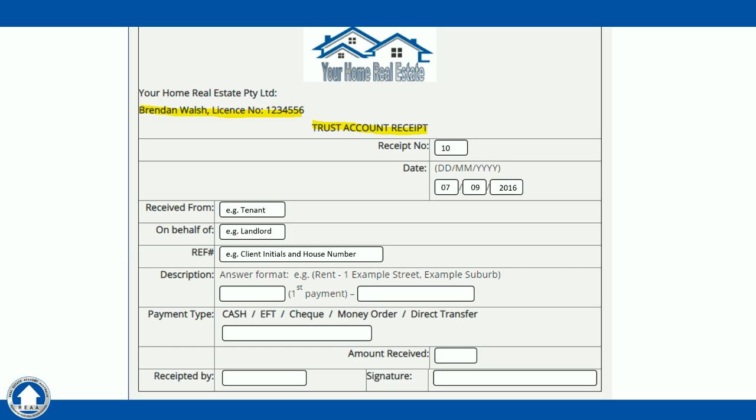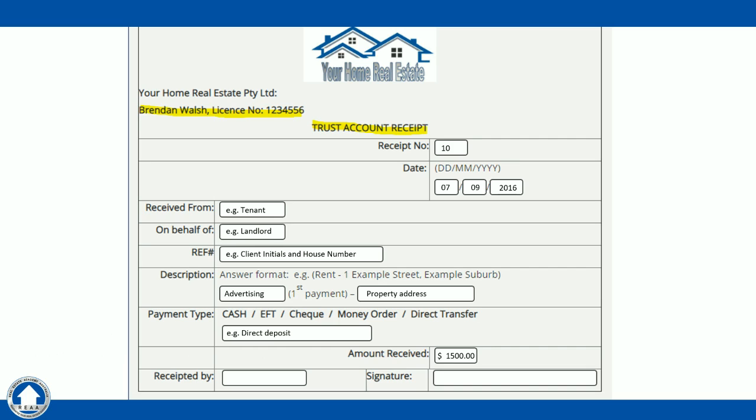You also have to put the description of what it was for. So if that was going to be an advertising payment, and the property address. So you need to be able to determine what the purpose of the money was for. How you've received the money, so whether cash, EFTPOS, check, money order, direct transfer, how was it received?